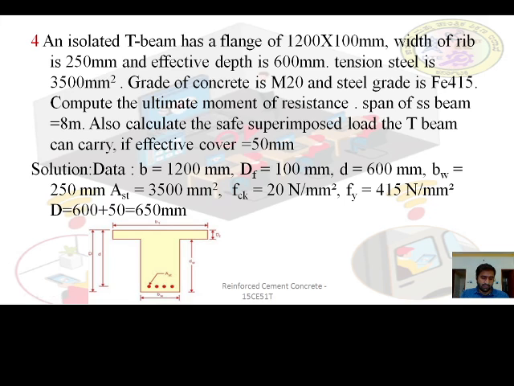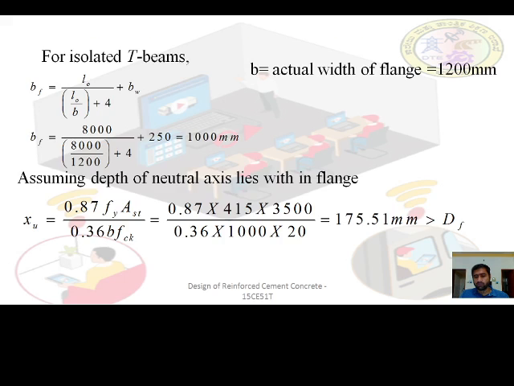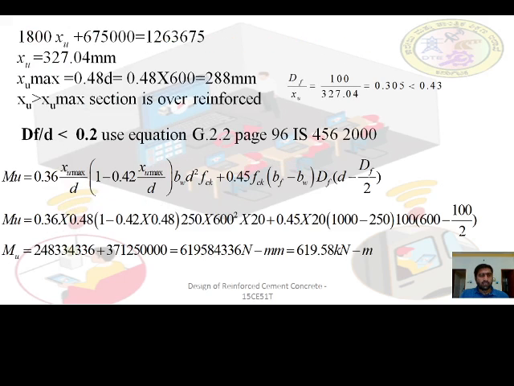So 100 divided by 600 comes out to be 0.166. So 0.166 is less than 0.2. So we will go to page number 96 and directly write down the equation. There is no need to change XU max to XU because the section is over reinforced. So directly write down the equation, then substitute in this formula.